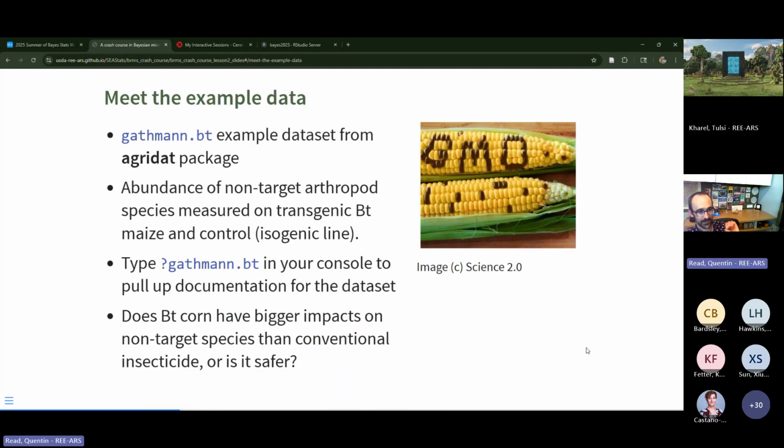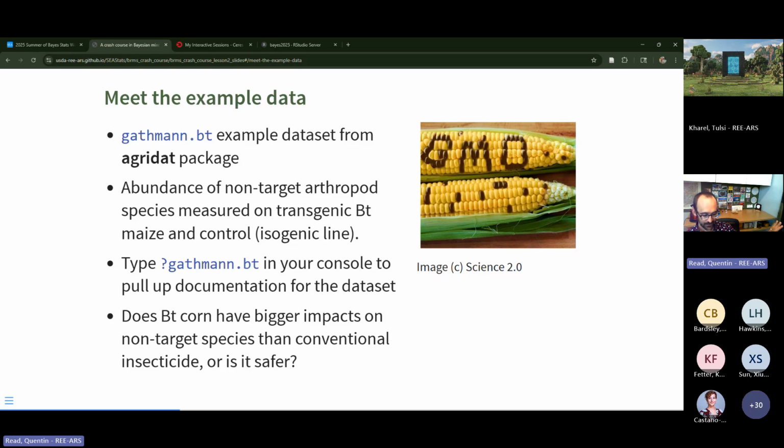What we're going to talk about is GMOs, and whether transgenic maize that has Bt, so it has been genetically modified to be toxic to pest insects, has non-target effects on other arthropods living in the community, which is one of the arguments that was made against GMOs.